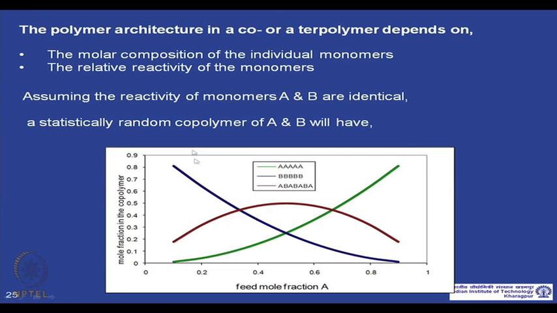So, this is for a purely statistical random copolymer, which is the case here. This is how, using NMR, we can get information about the randomness and blockiness. So, with this we stop this lecture, and we will start the next topic in the next lecture.